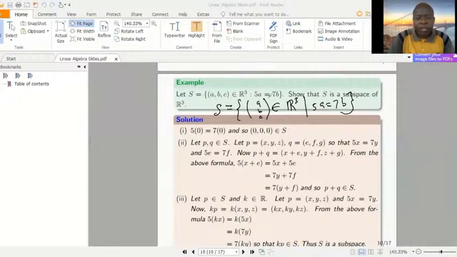So whichever way it's written, you must understand that we're supposed to show that it's a subspace, and therefore we are using a proof. We are proving it. But let's first of all show whether it has the zero vector, in other words, that it is non-empty.